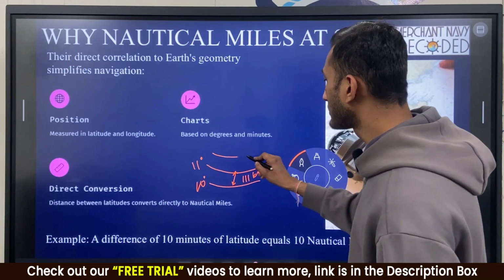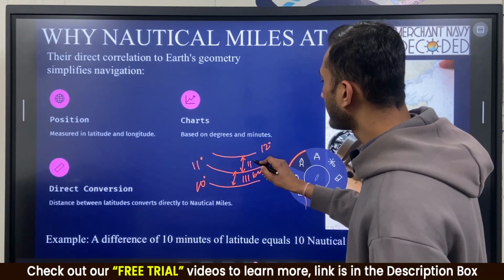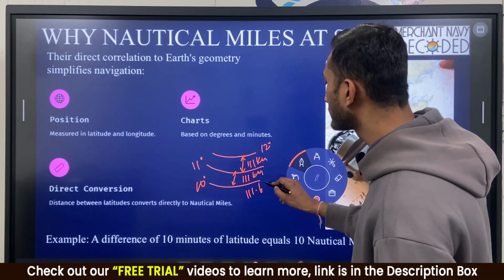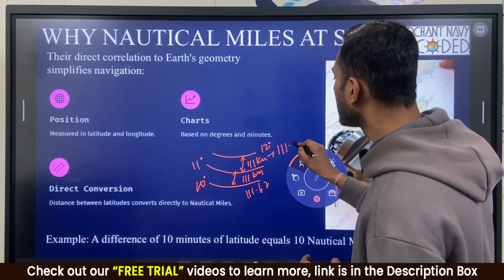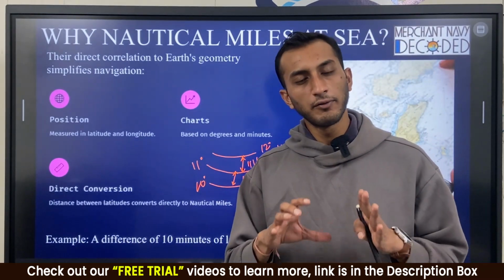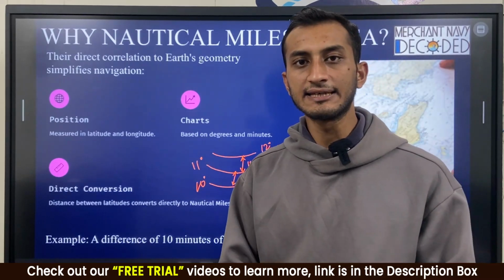And if I take another 12-degree latitude, the distance would become 111 kilometers. It might be different, it might be 111.62, this would be 111.32, different. But the overall is generally constant, which would make our calculation easier.